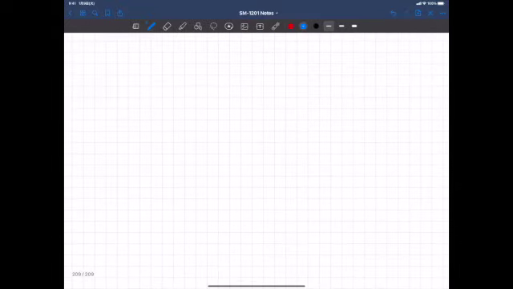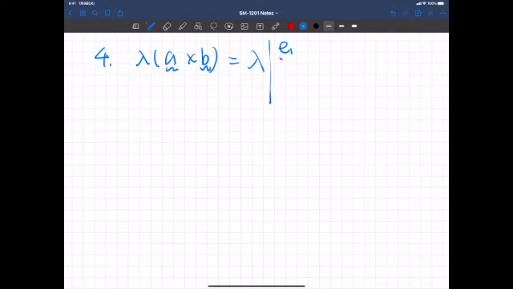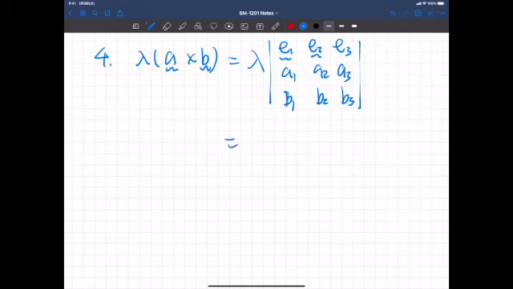And fourth, lambda A cross B is lambda E1, E2, E3, A1, A2, A3, B1, B2, B3. So again, from the property of determinant, if you multiply a determinant by a constant, then it is the same as the determinant in which one of the rows is multiplied by that constant.